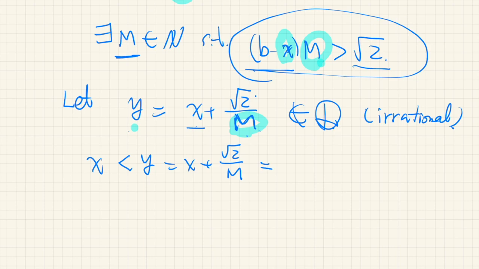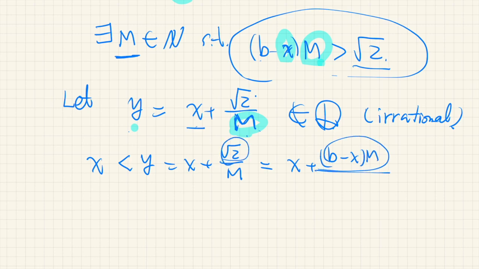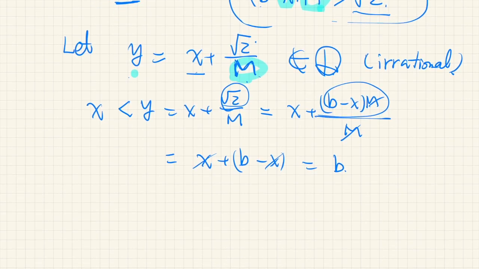Square root of 2 is less than (b minus x) times m, so y is less than x plus (b minus x) times m divided by m. So m cancels, and we have x plus b minus x, where x and x cancel. We have b. So x is less than y and y is less than b.